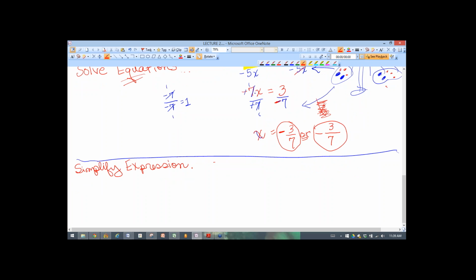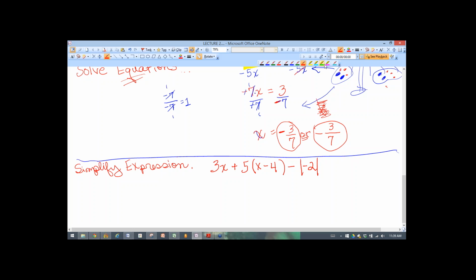Okay, so let's have this: 3x plus 5 times x minus 4 minus the absolute value of -2, and that's it. Okay, so notice the two vertical signs around the item.